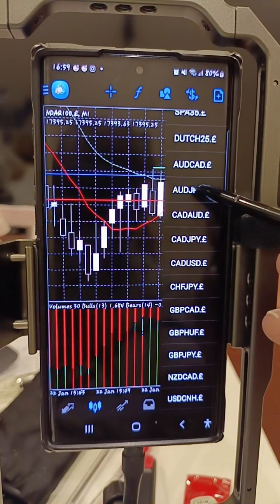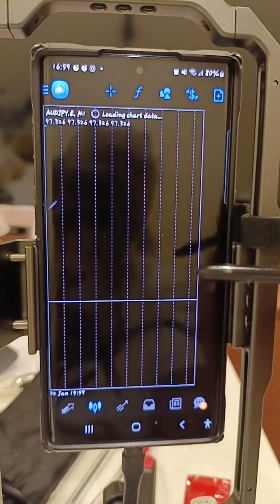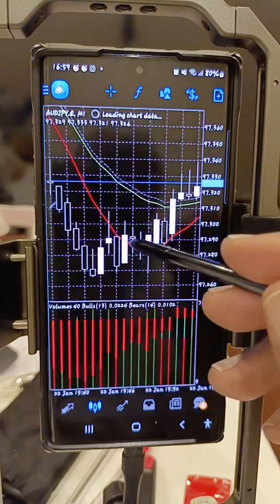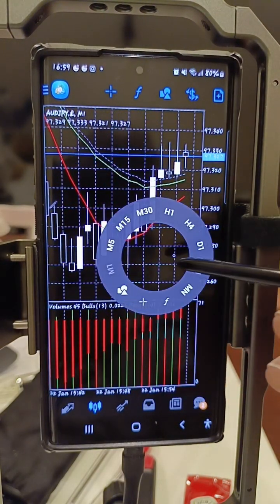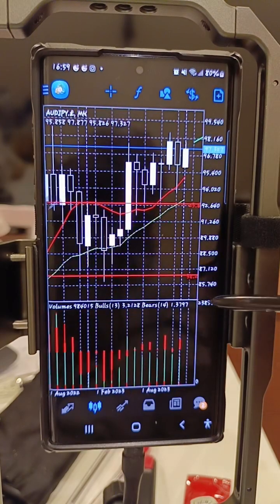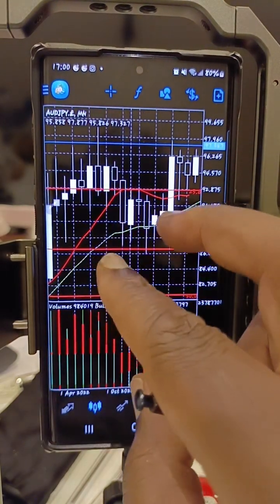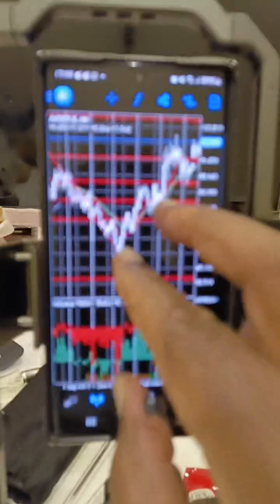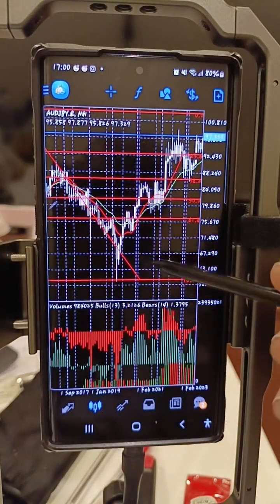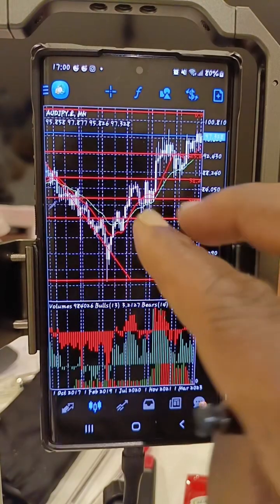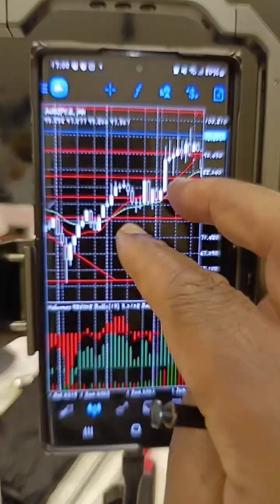So Aussie Japanese yen. I go to the 1 month. It already has a fib on it.